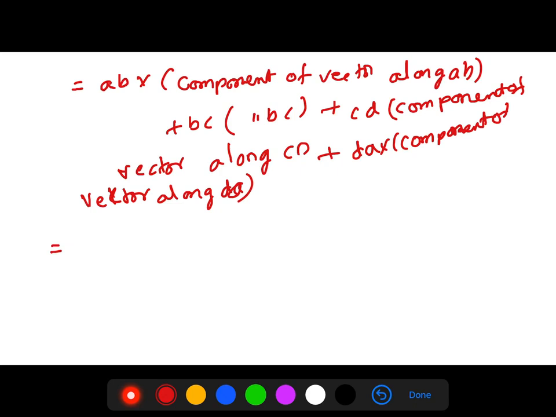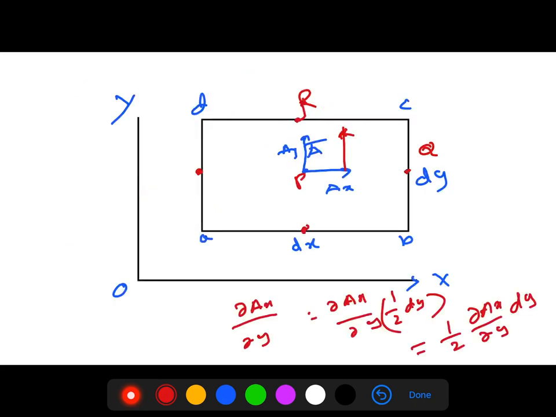In this diagram, if we take AB, the length is dx into the component of the vector along this direction, that is Ax minus half dou Ax by dou y into dy.